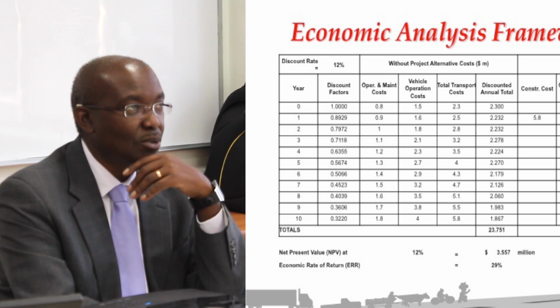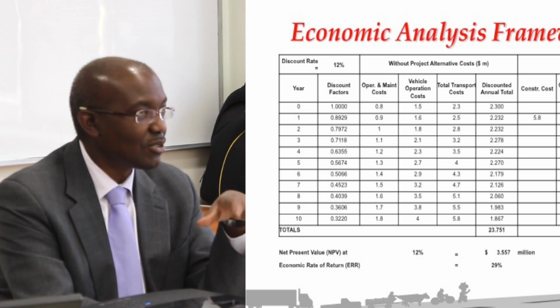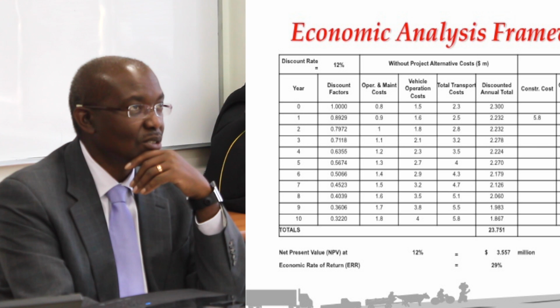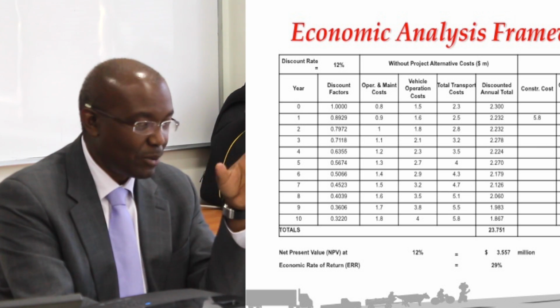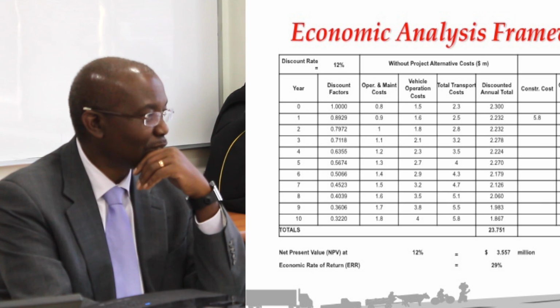We estimate the current operation and maintenance costs for the existing road. For the 2-lane existing road, what are the costs of operation and maintenance? What are the costs of vehicle operation? I will define what we call VOC, vehicle operating costs.